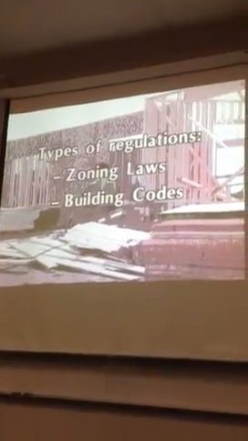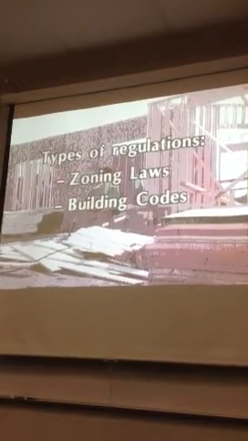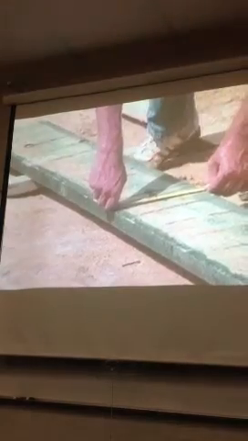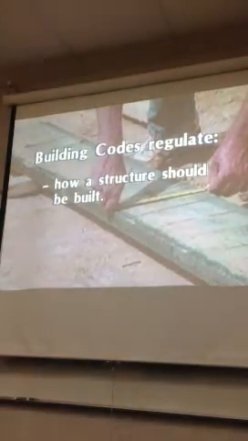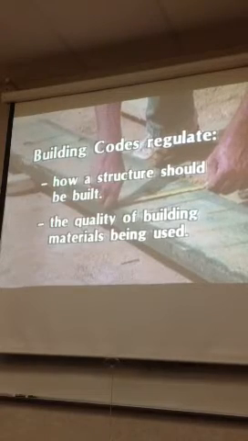Another category of regulations that can affect the construction of a building are building codes. These are guidelines for how a structure should be built, along with the quality of the materials being used. They're enforced by local building inspectors who may visit a site several times throughout its construction to make sure it's meeting all the necessary safety requirements.